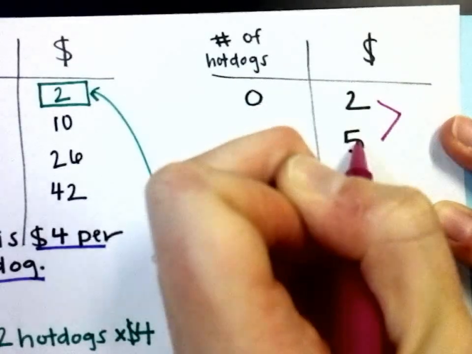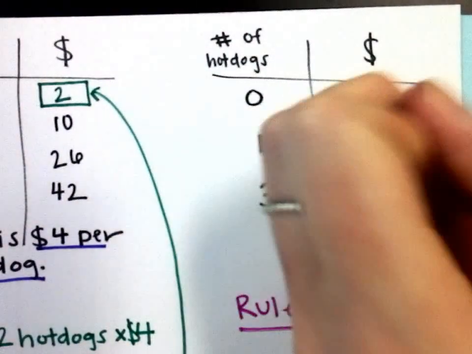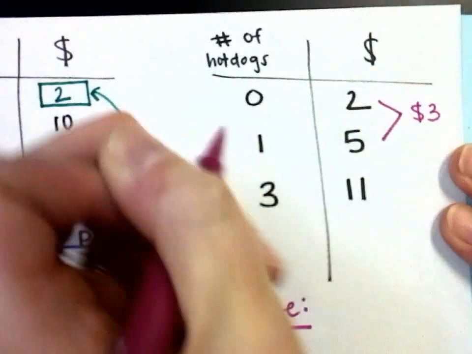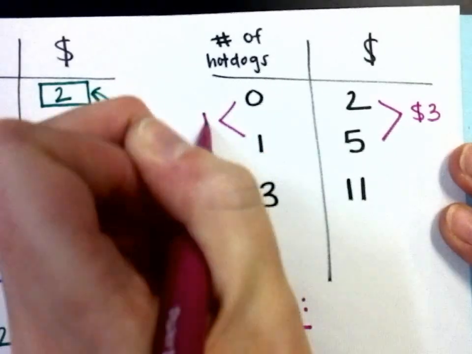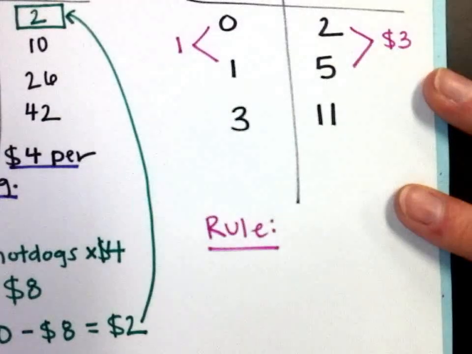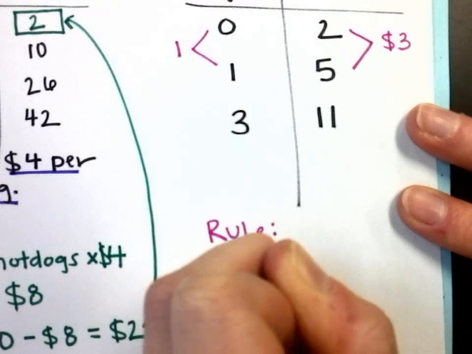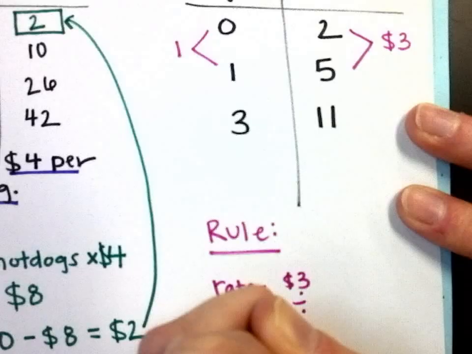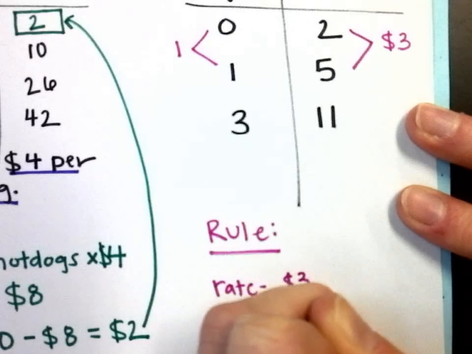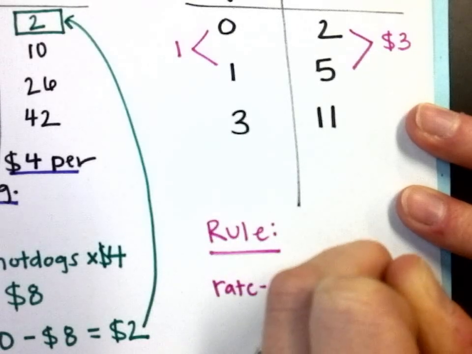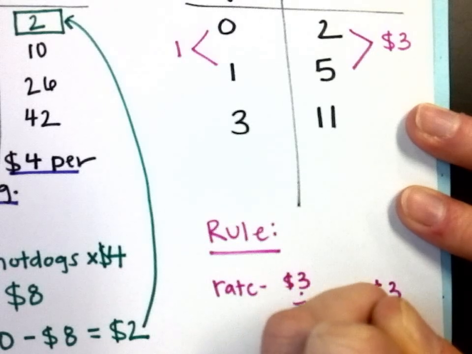The difference between $2 and $5 is $3 for a difference of 0 to 1, which is just 1 hot dog. So that would be my rate that I'm calculating here. It's going to be $3 for 1 hot dog, which is just $3 per hot dog.